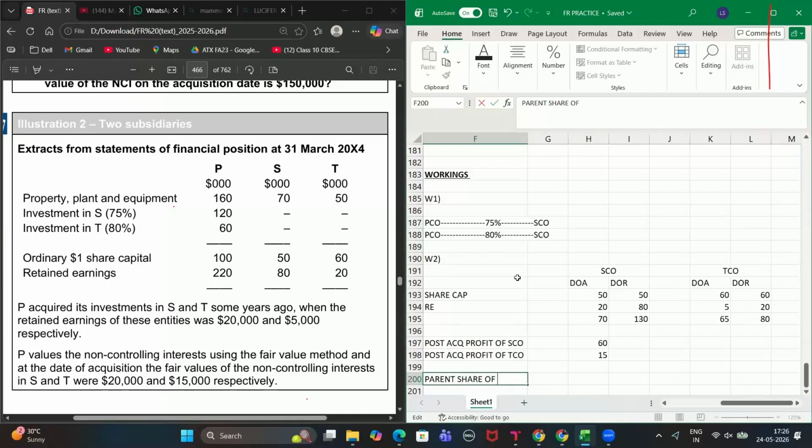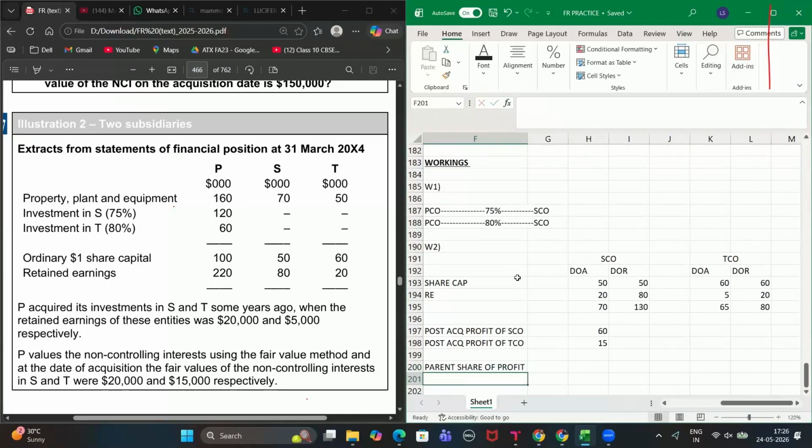For S company, what is the parent share? It's 75 percent, right?